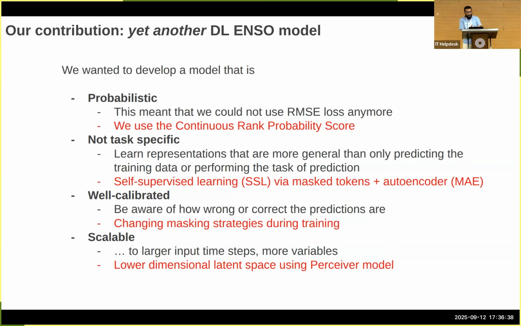And we achieve good calibration by changing our masking strategies during this SSL step. The scalability we achieve by including a kind of transformer block called the Perceiver, where you can essentially map your high dimensional input data to a low dimensional latent space, and then work with the latent space onwards.